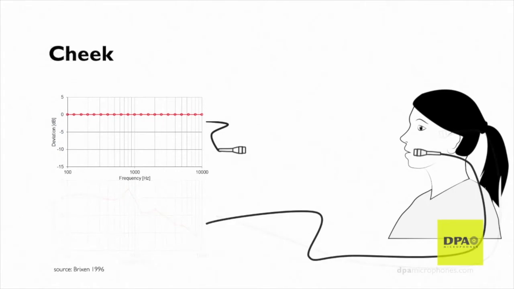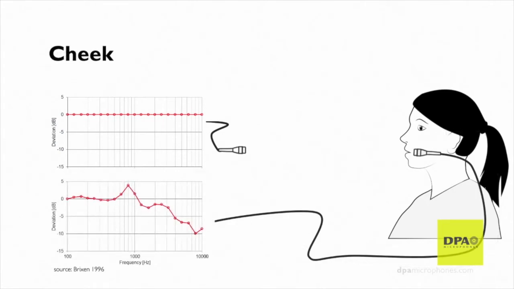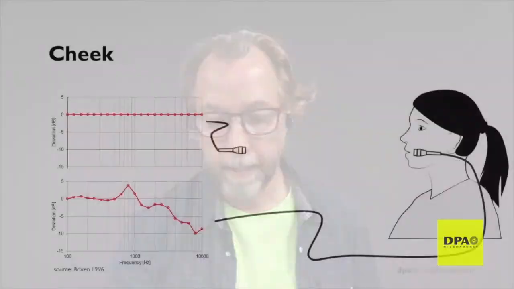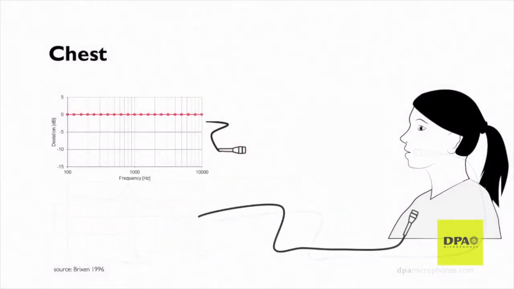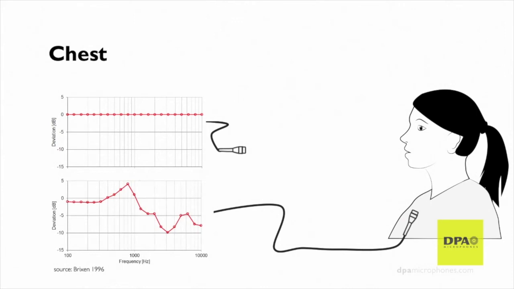The cheek, we call it. It is actually what I'm wearing here. That's the headset, just a little behind the mouth. And this is the frequency response of that. And then, of course, the lavalier position on the chest, 10, I should say 15, 20, 25 centimeters below the chin.